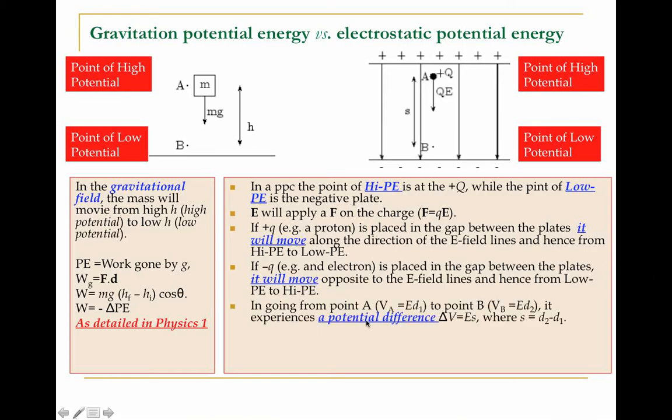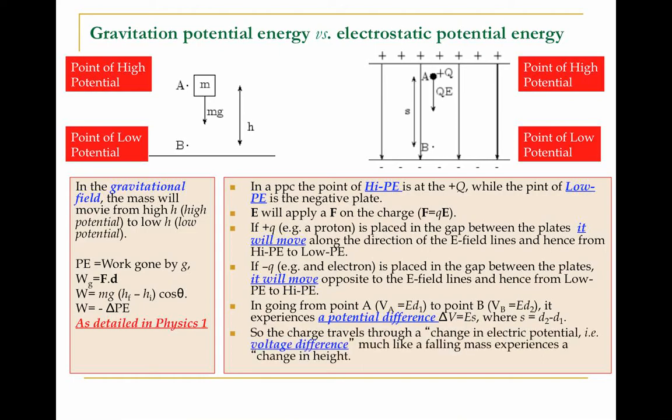And from here, you can easily calculate the electric potential difference, delta V, which is simply VA minus VB, and it's ED1 minus ED2. If we take this to be S, then the potential difference delta V is equal to the electric field multiplied by the distance between them, S, so that the charge travels through a change in electric potential.